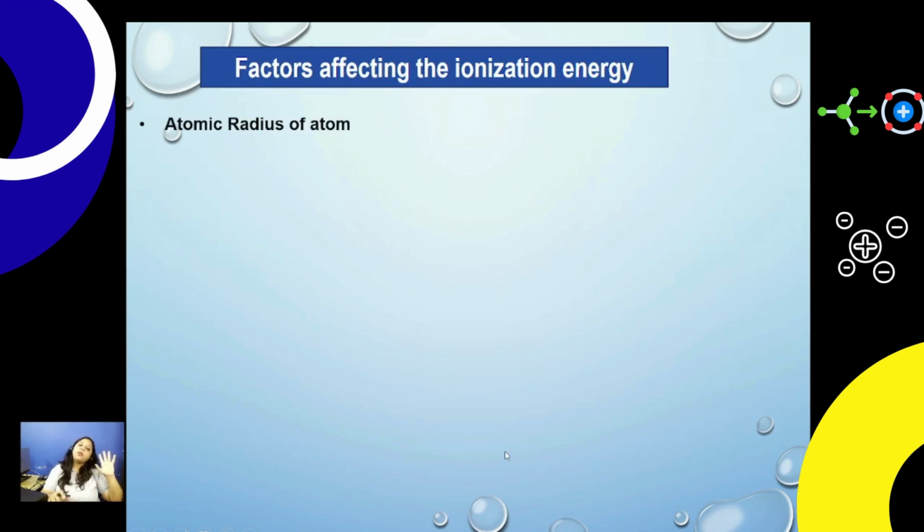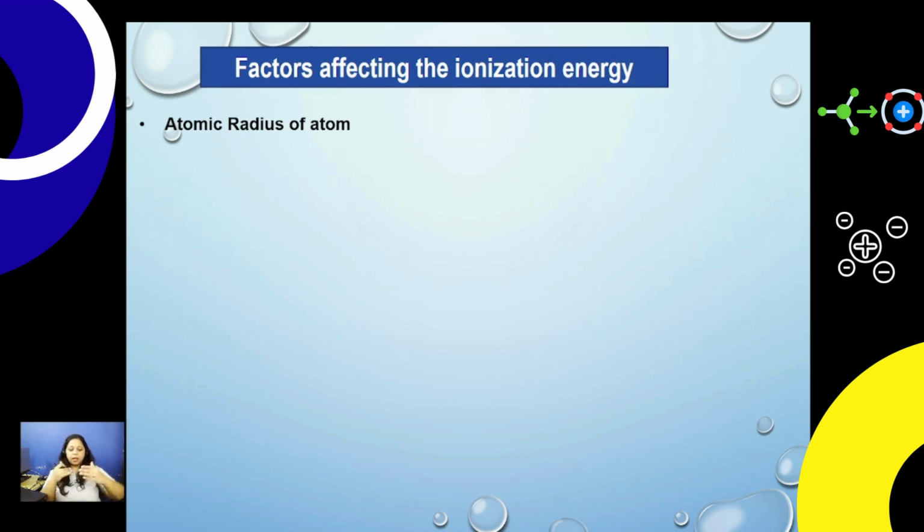Now what are the different factors that affect the ionization energy? Let's discuss why some atoms have low ionization energy and some atoms have high ionization energy. Number one is the atomic radii. Let's take an example of a class.